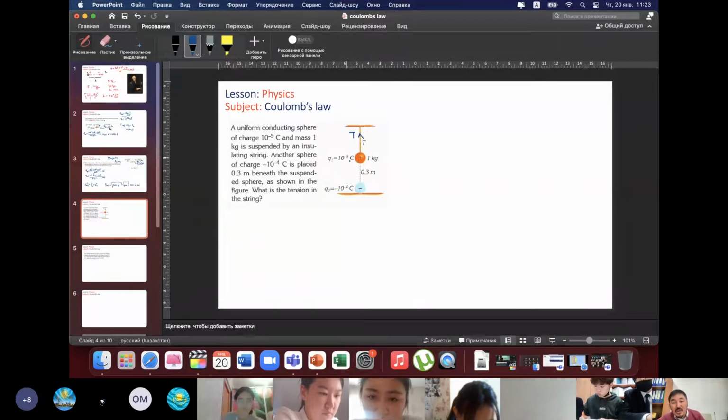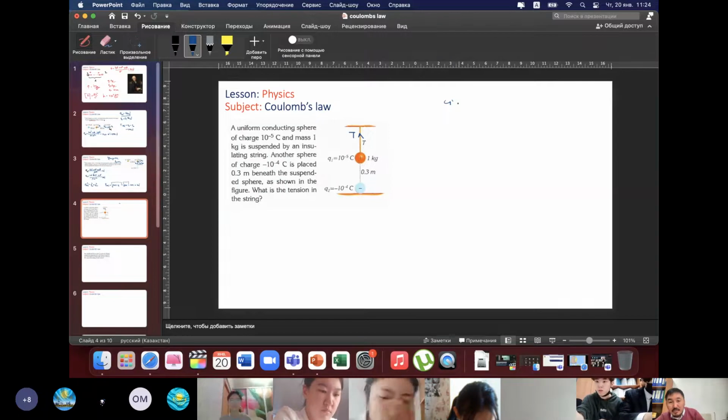Now, to solve this, first we need to determine the forces. What are the directions of forces applied on the first sphere here? Since it's positive charge and this one is negative, what kind of force do we have here? Attractive?